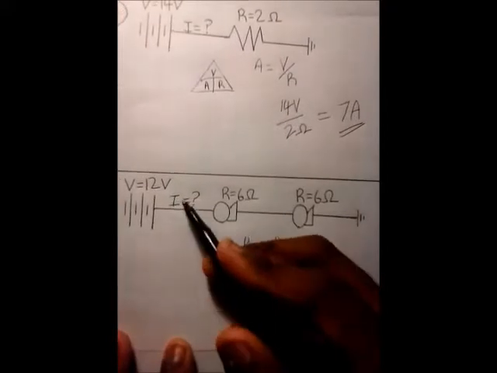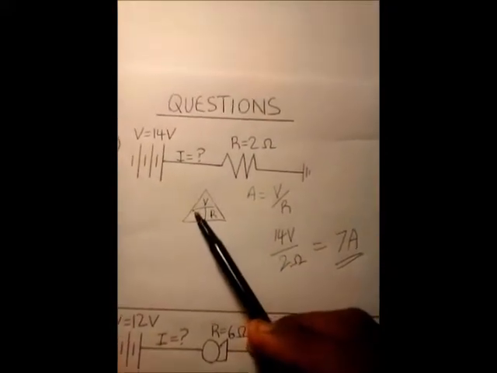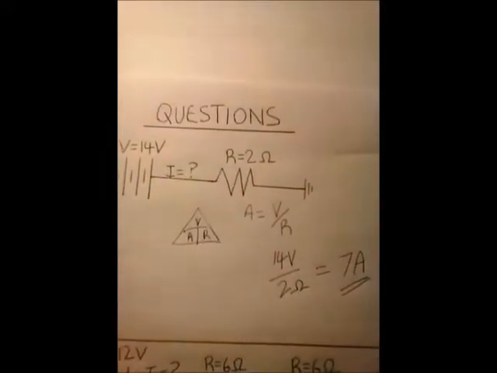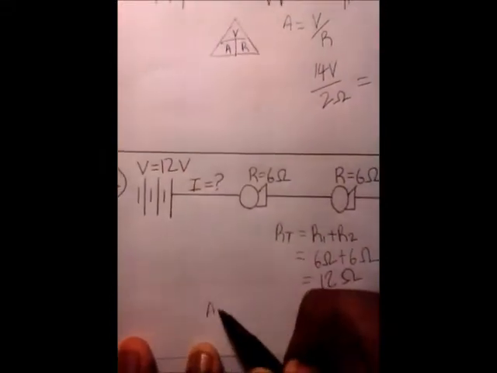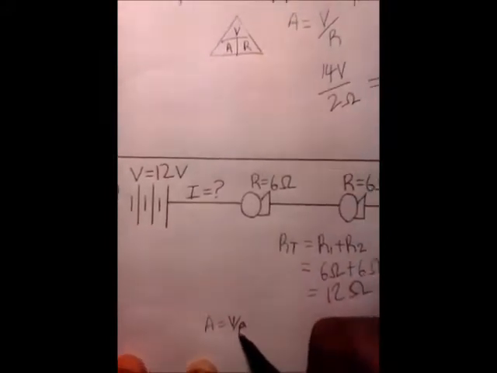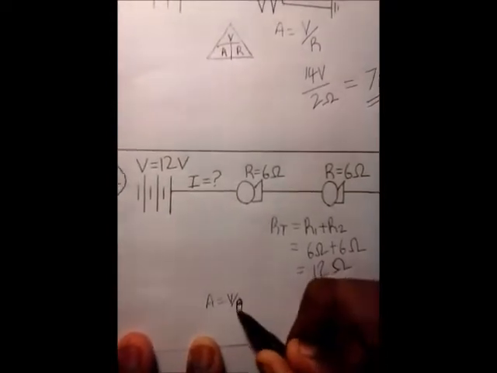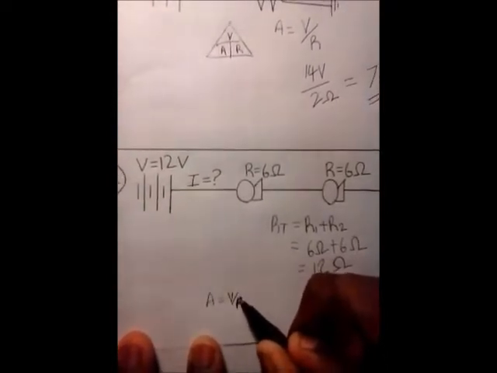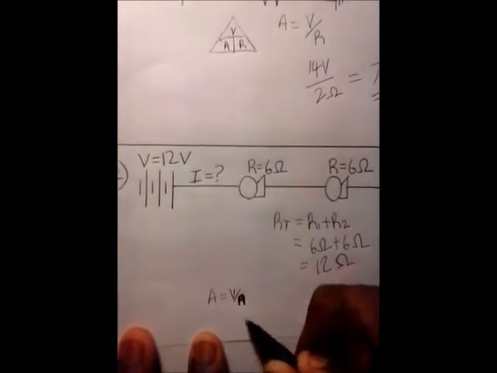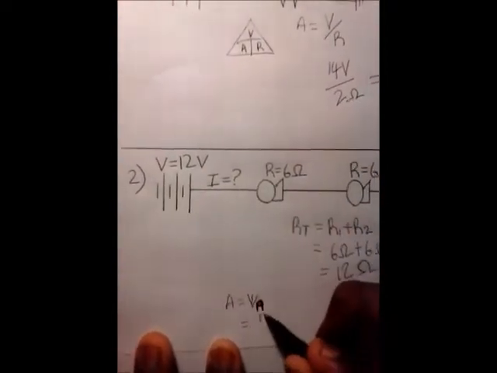Now you're going to use the same triangle. You're looking for I again, so you cover the I. You're left with V over R. So it's the same thing here. I equals V over R. Hence, our voltage is 12.